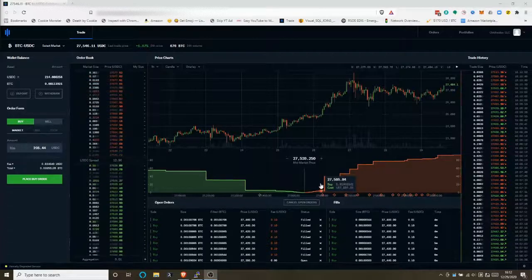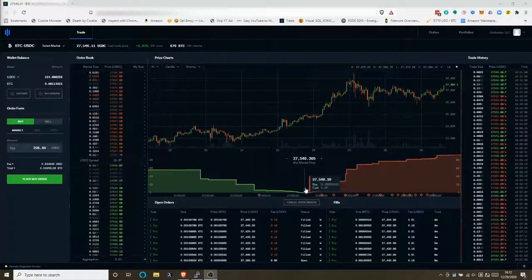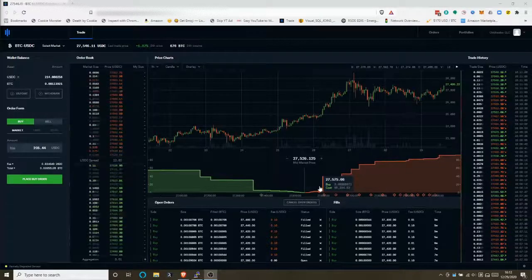Right? Okay, this is the middle. That's the price that's right between the buys and the sells. The greens are buys, reds are sells. Okay? If I go back, let's see. I want to go back to this price here, 27.575, right?